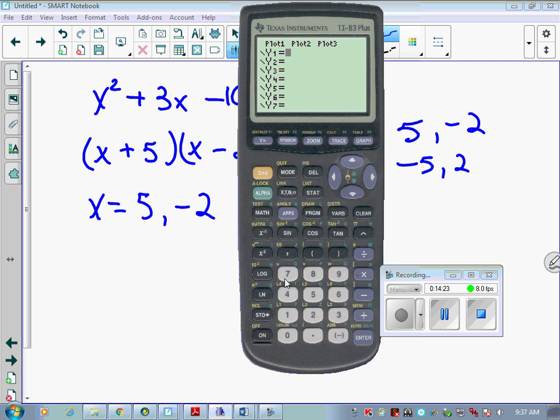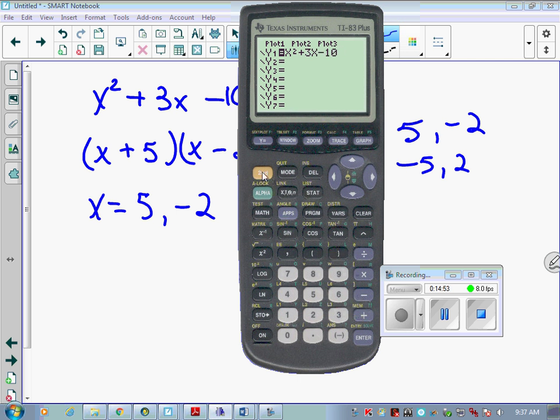So this is actually a way for you to check other questions, like questions 1 and 2. It probably won't work on question number 2 because it had half as an answer, but you can check your answer for number 1. Okay, on this question, what we're going to type in is x squared plus 3x minus 10.